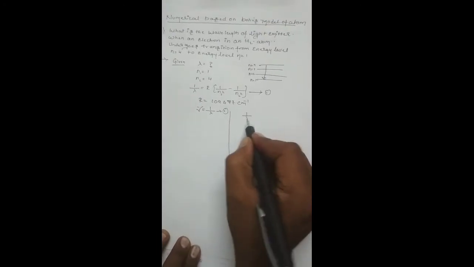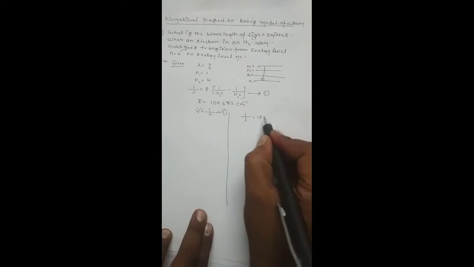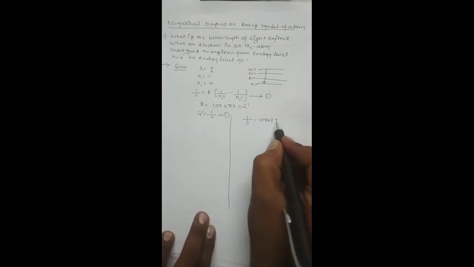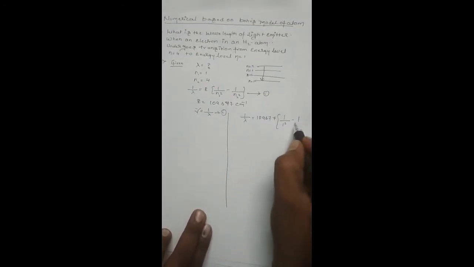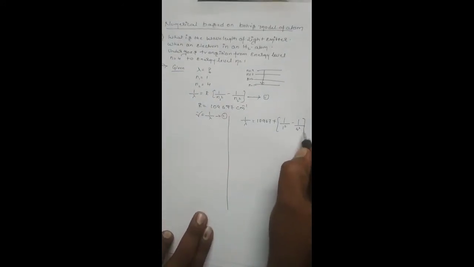1 by lambda is equals to, we know the Rydberg value, that is 10967 into 1 by 1 square minus 1 divided by 4 square. 4 square is nothing but 16.